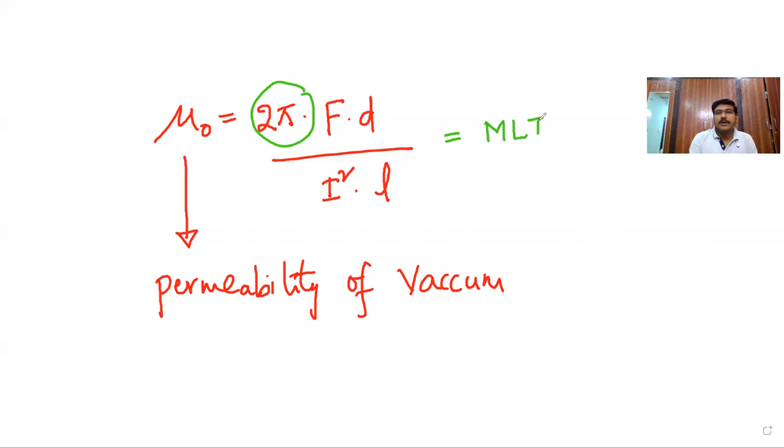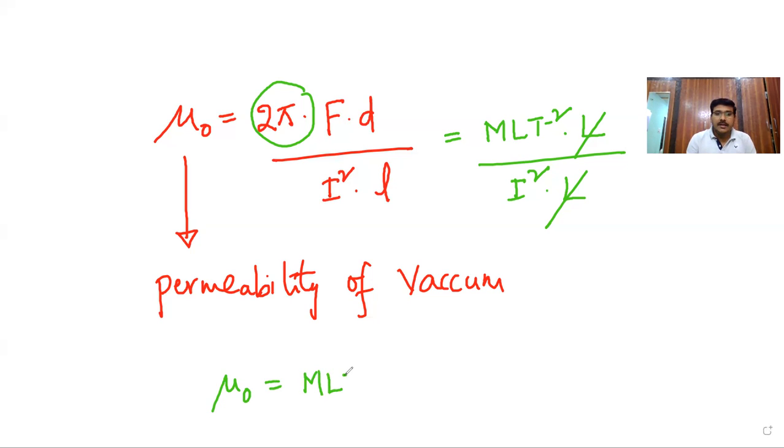We know MLT minus 2. Distance has dimension formula L, length L. I square, we are keeping as it is. L goes out from the numerator and denominator. The final dimension formula for the permeability becomes M L T minus 2, and if I take the current to the numerator side, I to the power of minus 2.